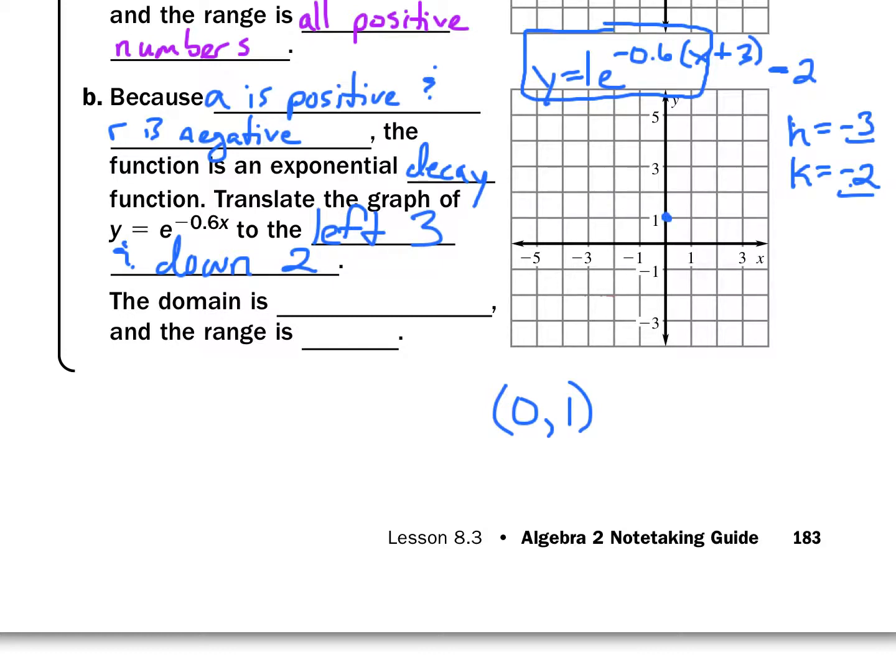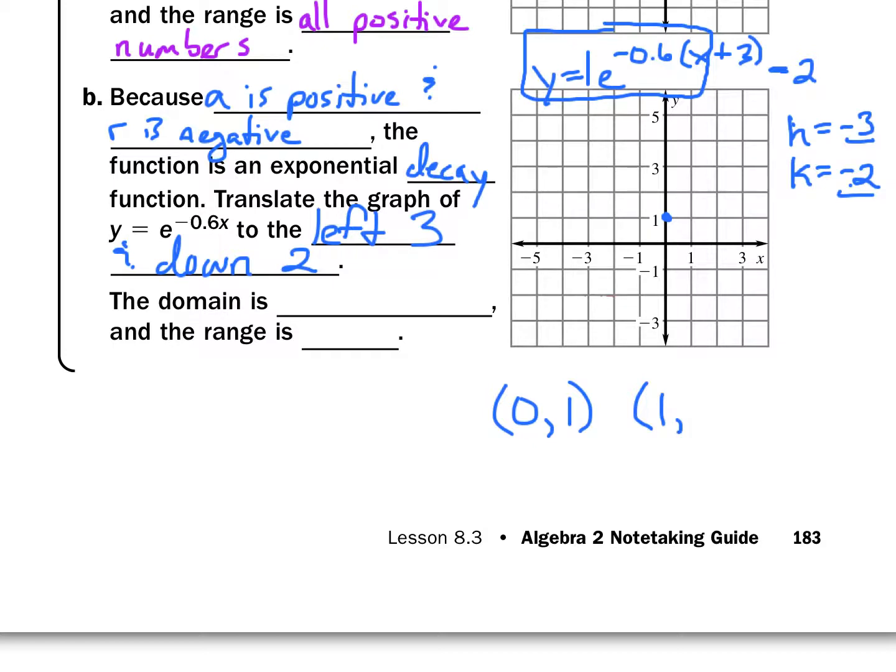Okay. If I plug in 1, 1 times negative 0.6 is negative 0.6. If I do e to the negative 0.6, that gives me approximately 0.5488, and then if I multiply that by 1, I get 0.5488, of course.